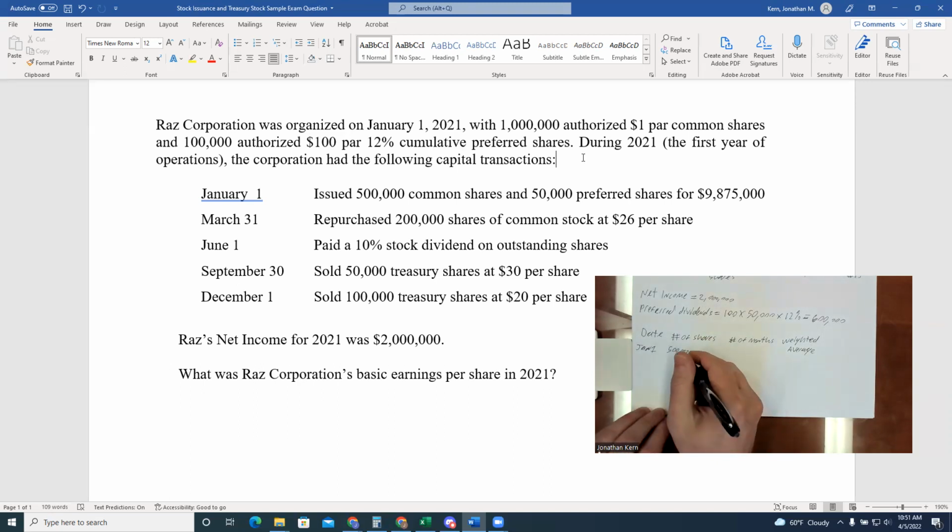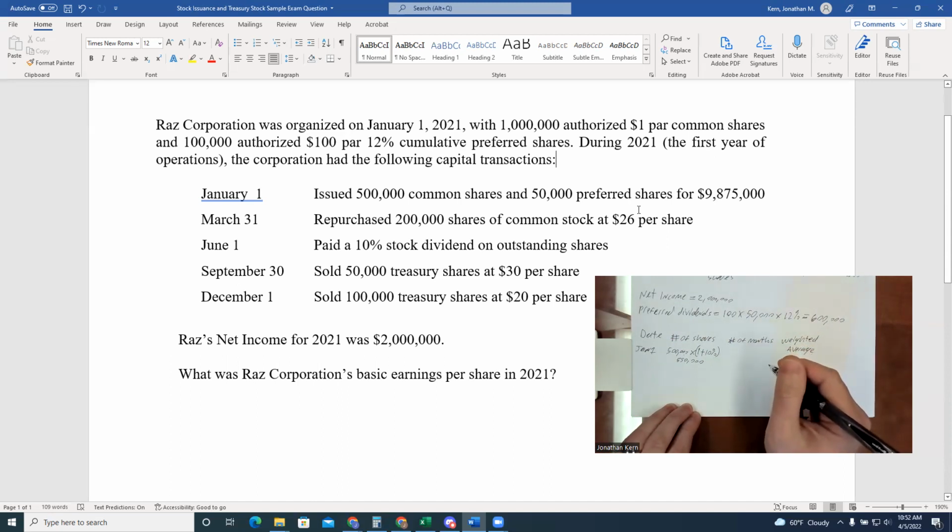So we need to multiply 500,000 shares times 1 plus 10%, or 1.1. And that would give us 550,000 shares.